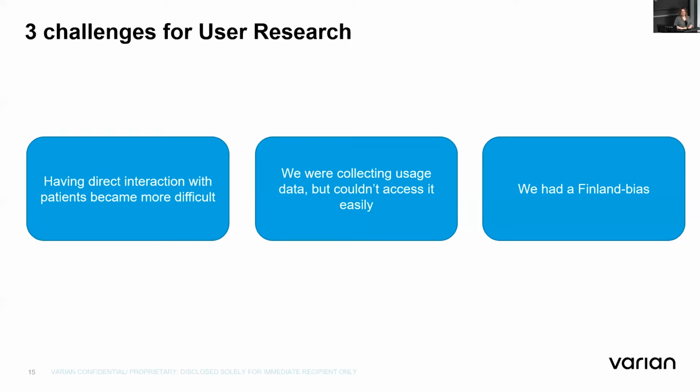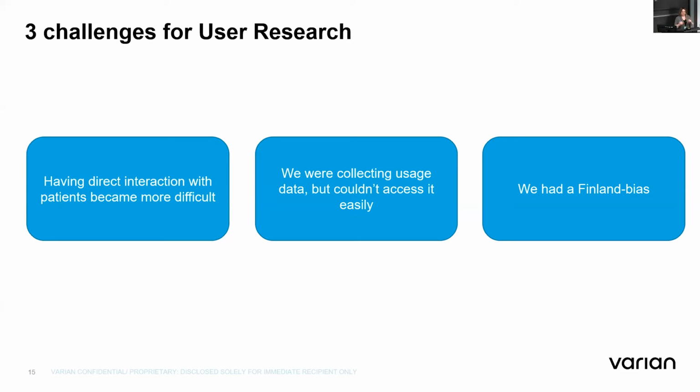And last but not least, we had a Finland bias due to the fact that the first version of the product was built in close partnership with a Finnish hospital, with Finnish patients. And as you saw in the last slide, we now have customers and patients using Nuna in different continents.